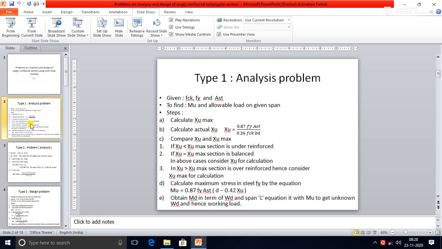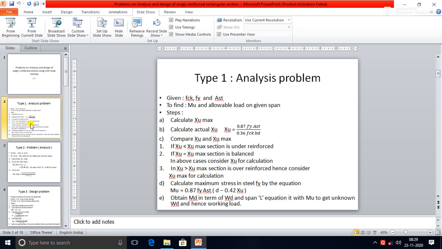These steel grades are Fe250, Fe415, Fe500, and fck is M15, M20, M25, M30, and Ast. Ast is the area of steel. And we have to find the ultimate moment, that is Mu, and the allowable load on the given span.